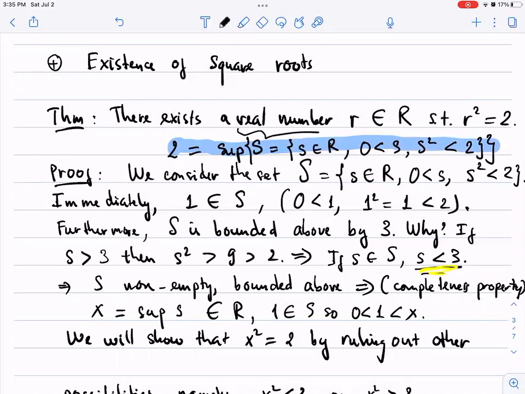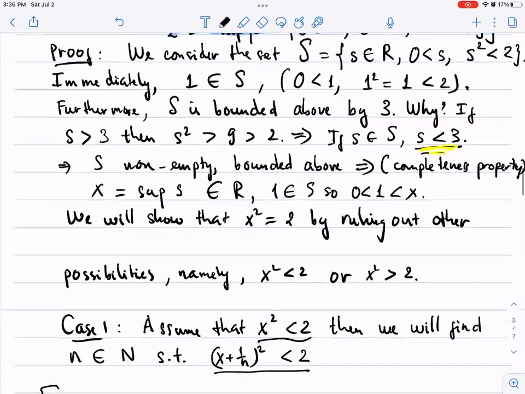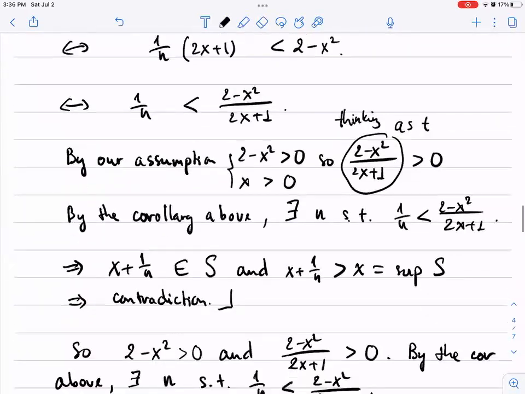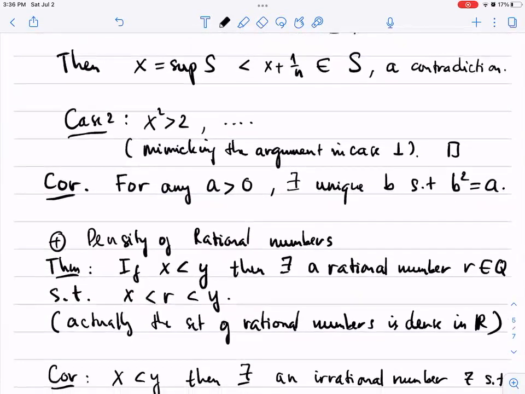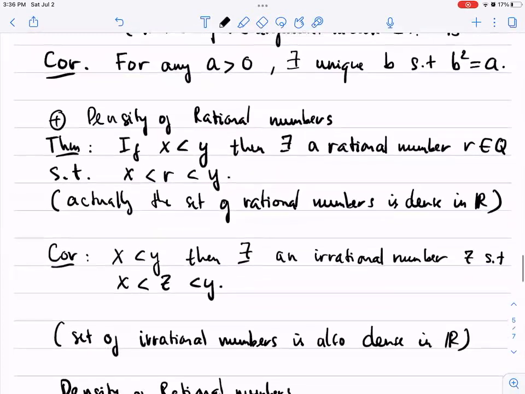Basically, we show the existence of a square root by a direct application of the completeness property. That is, the square root is actually the supremum of a wisely chosen set. You can read the proof with details in the notes here.